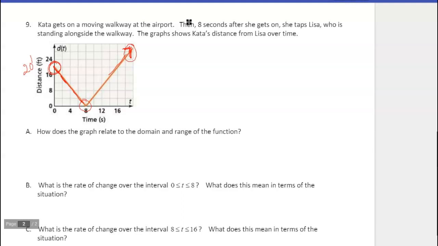Well, if we're answering this question, it shows Kata's distance from Lisa over time.